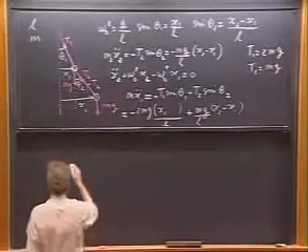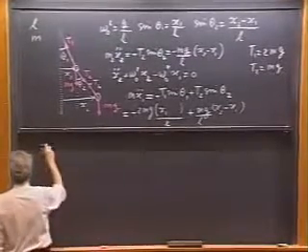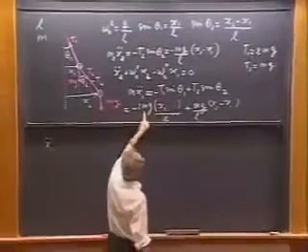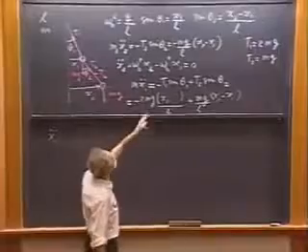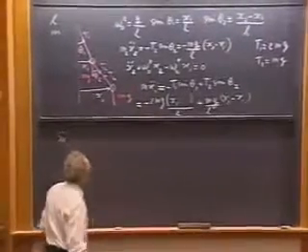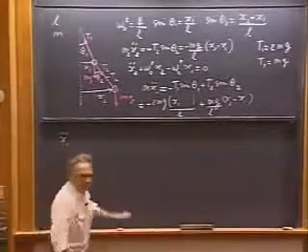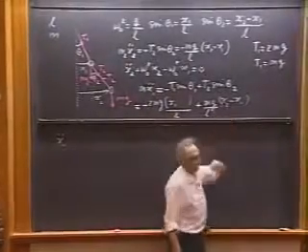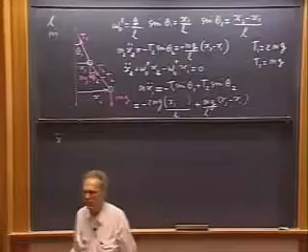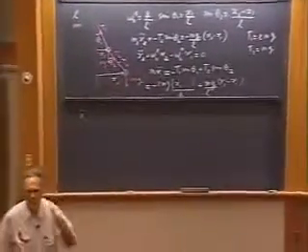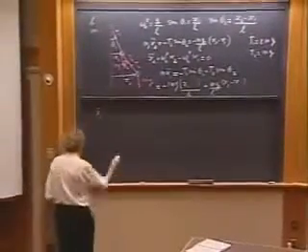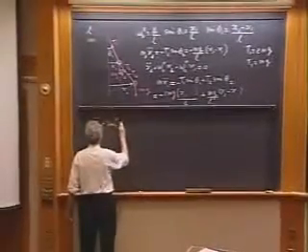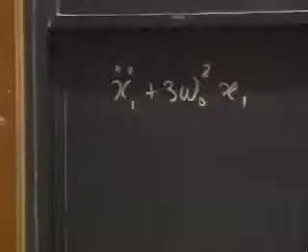And when I do that, I will come out here, x1 double dot. It's this one. Here the m goes. g over L becomes omega 0 squared. But now look closely. There is here a 2 times x1, and here there is a 1 times x1. And both have a minus sign. So when they come out, I get 3 omega 0 squared. So I get plus 3 omega 0 squared times x1.